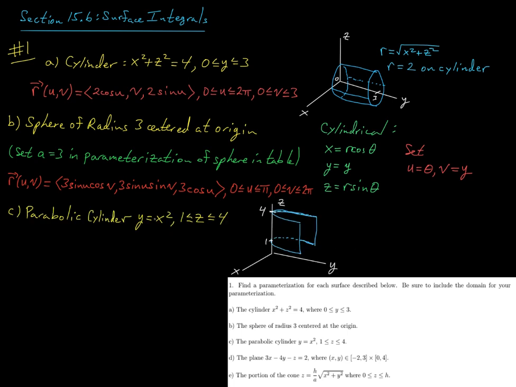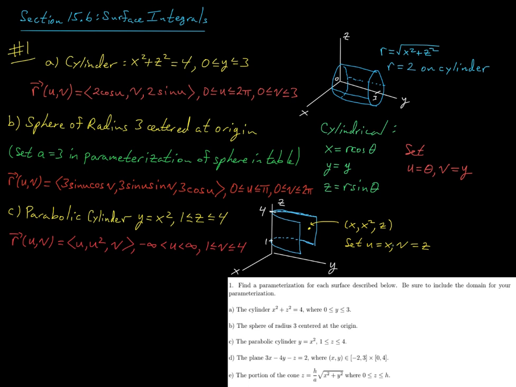This is a parabolic cylinder. Y is equal to x squared, and z varies from 1 to 4. So here's a picture of that cylinder. And the thing to note here is that any point on the cylinder can be represented with coordinates of the form x, y, but y is x squared, and z, being independent of both x and y, can take on any value it wants from 1 to 4.